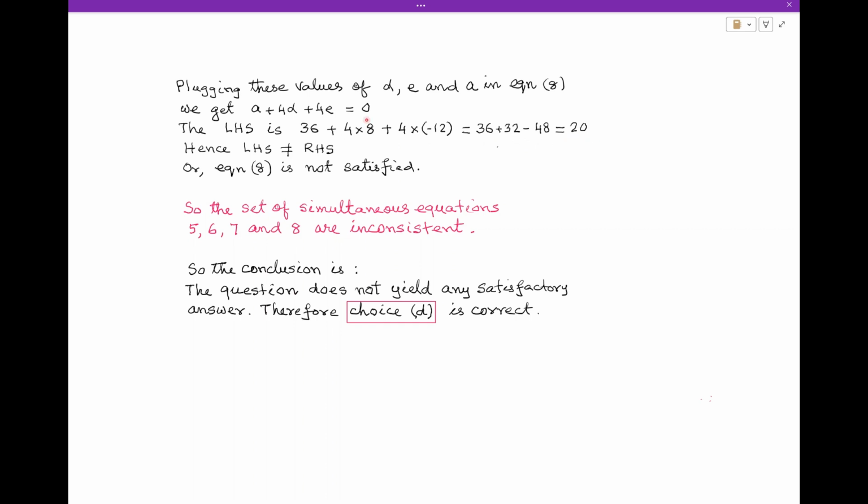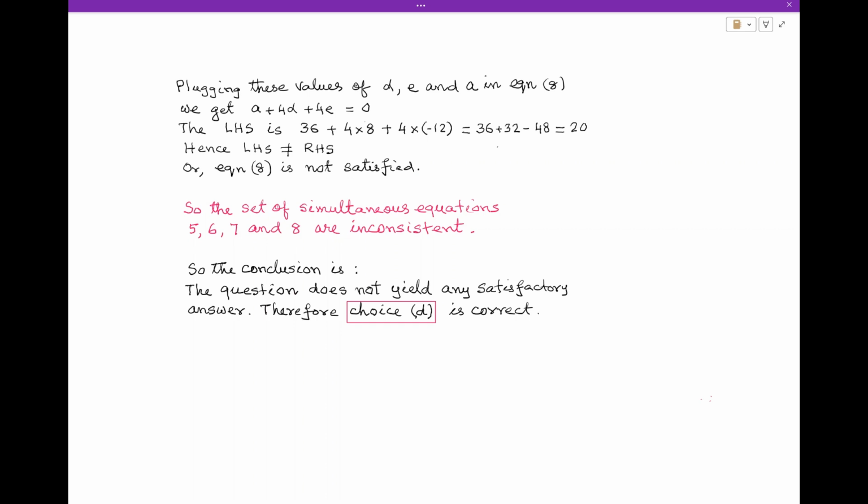But the right hand side has to be 0 for the set of equations to be consistent. And since here the left hand side is not equal to right hand side, equation 8 is not satisfied.